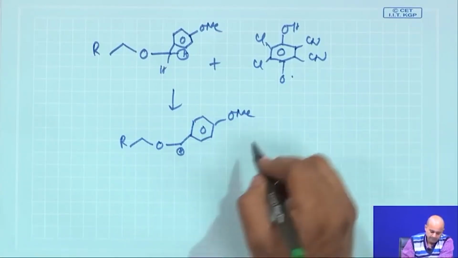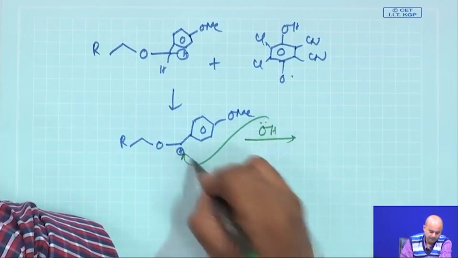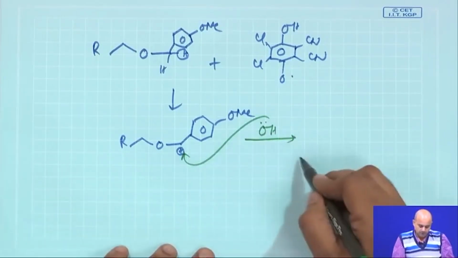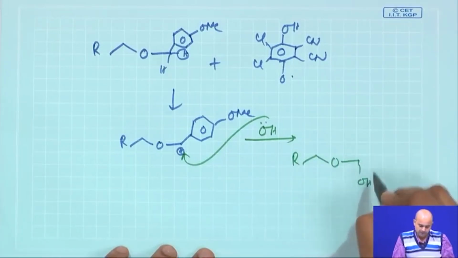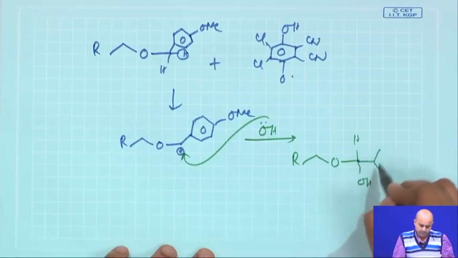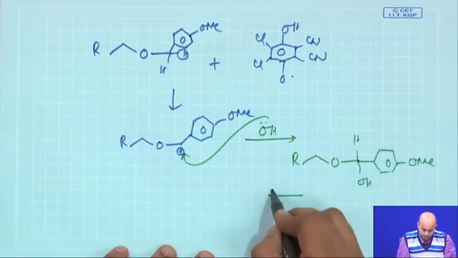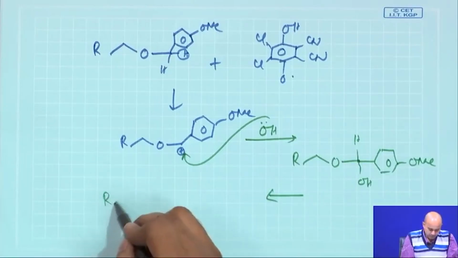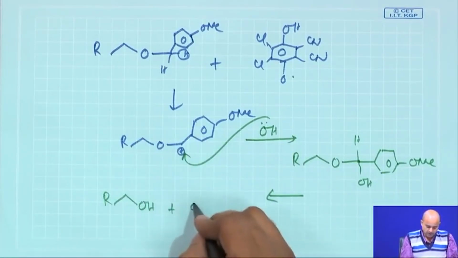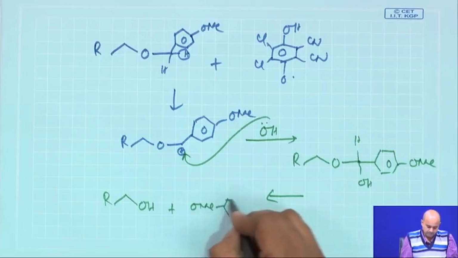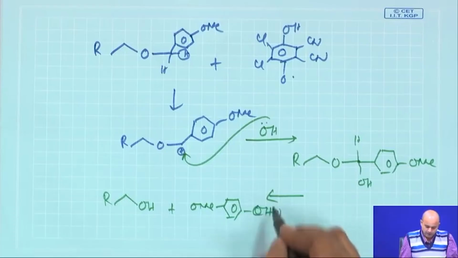Now water attacks here, and you get a hemiacetal, which simply collapses to give you RCH2OH and anisaldehyde, OMe-C6H4-CHO.